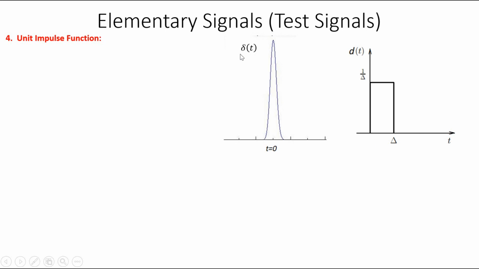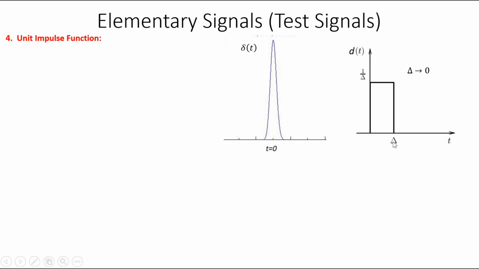According to the definition, delta of t only occurs at t equal to 0, but with a high, infinite value. In order to get this impulse function from this, we can do an approximation that delta tends to 0.